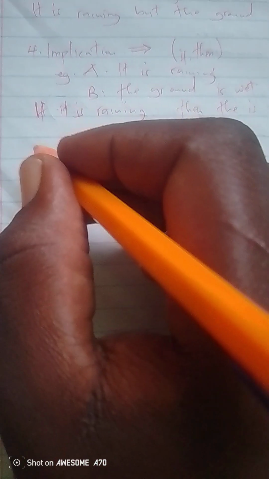So we have the fifth one. The fifth one is called biimplication. The symbol for biimplication is this one here now. When you check the implication, its symbol, you will only see an arrow on one side, but in biimplication arrows are on both sides.